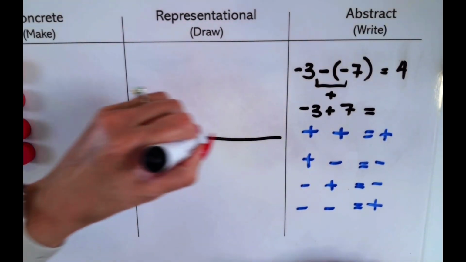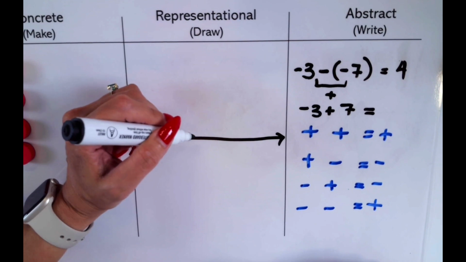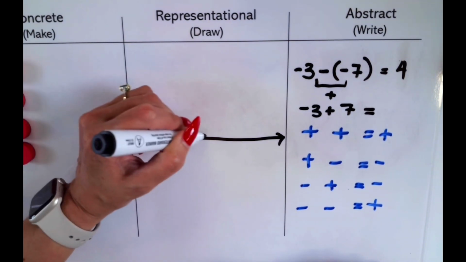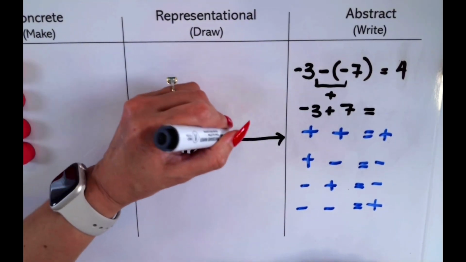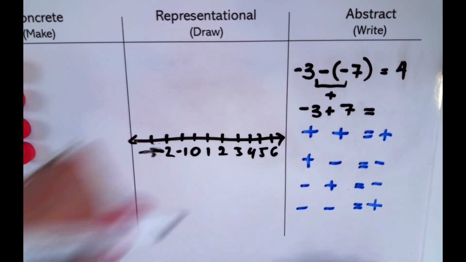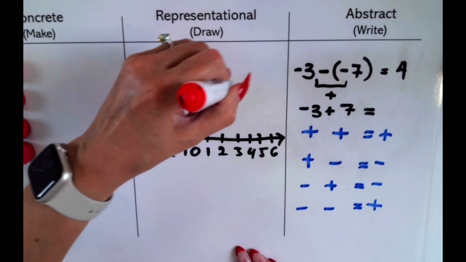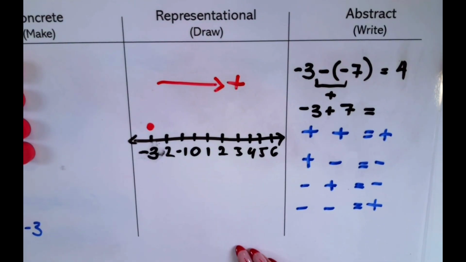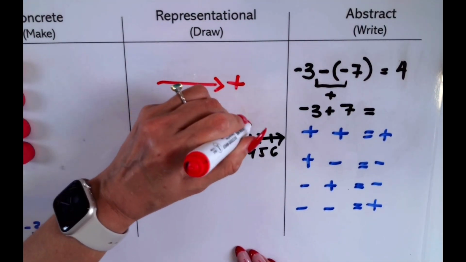And if I drew myself a number line and I started at -3, because we go in the positive direction when we're adding, we go 1, 2, 3, 4, 5, 6, 7.